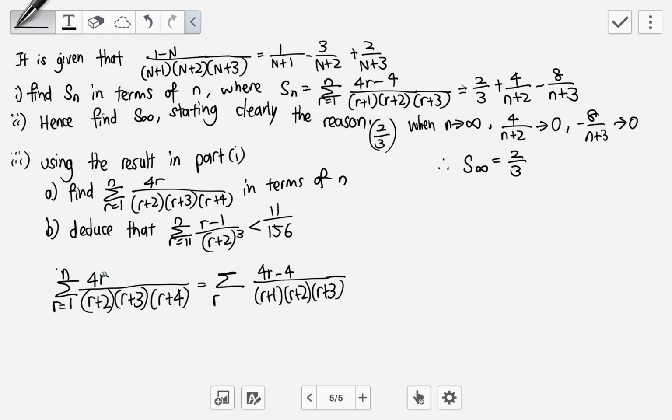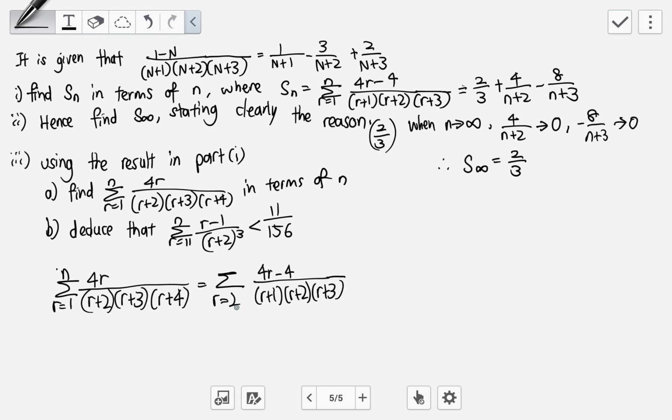The first term here is 4. In order for me to get a 4, my r must equal 2. Let's check the other. First term 3, yes. 4, 2 plus 2, 4 also. So this is the starting term.